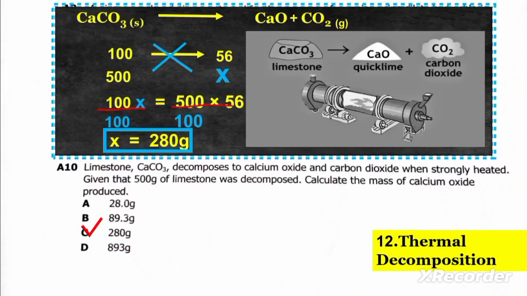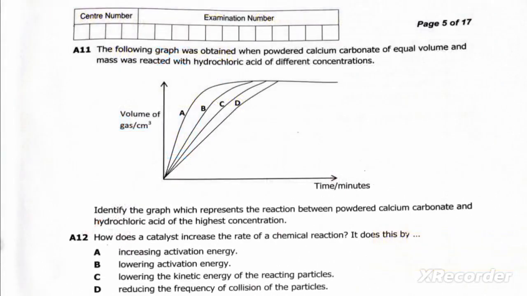Let us shift to the next question, question A11. The following graph was obtained when powdered calcium carbonate of equal volume and mass was reacted with hydrochloric acid of different concentrations.